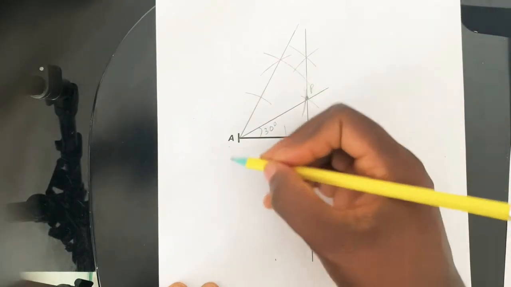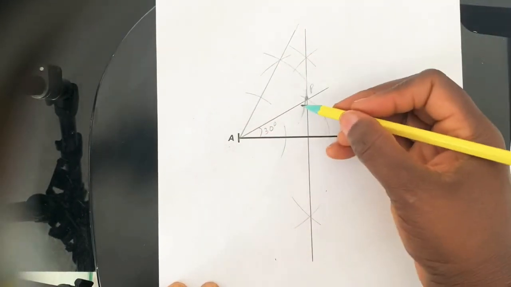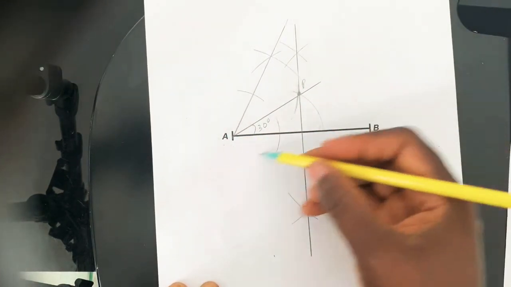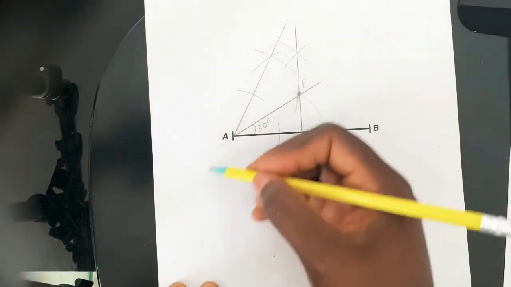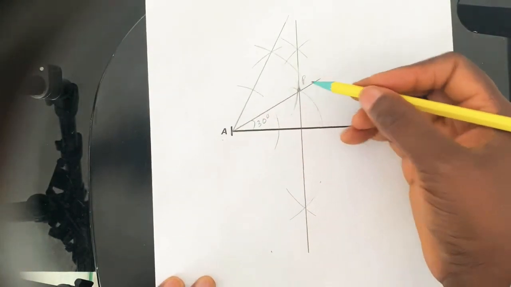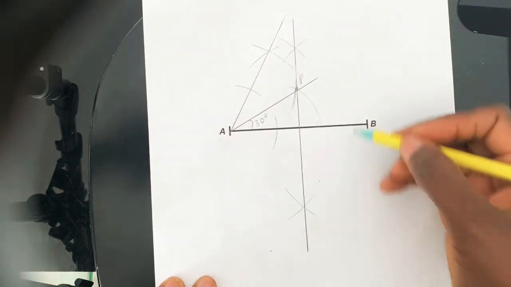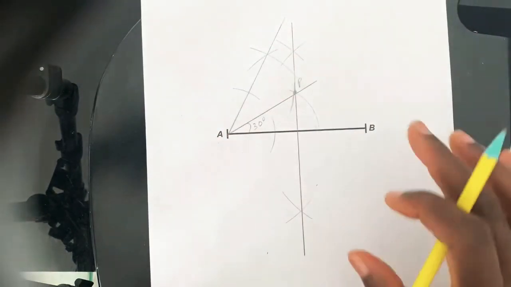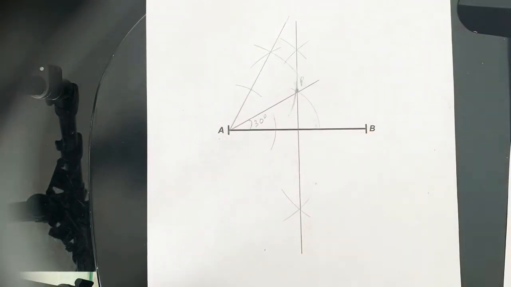We got that by making an angle of 60 degrees and bisecting it. I started off by bisecting the line, and then we made an angle of 60 degrees, and then we did the bisection of the angle to give us angle P. And you are not to delete anything, you have to leave them all on there. Leave everything on there so that you can get the full marks.